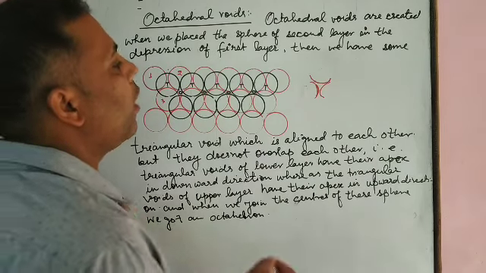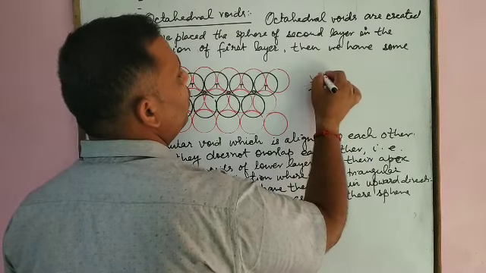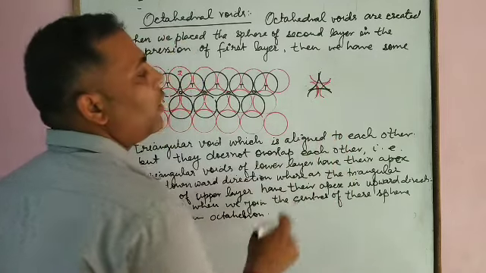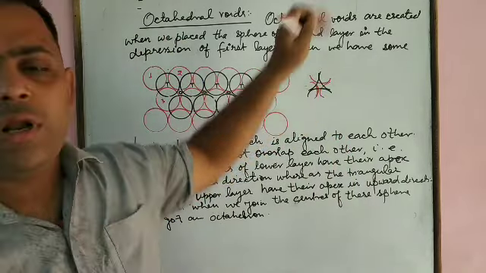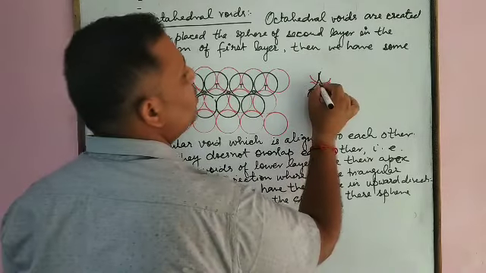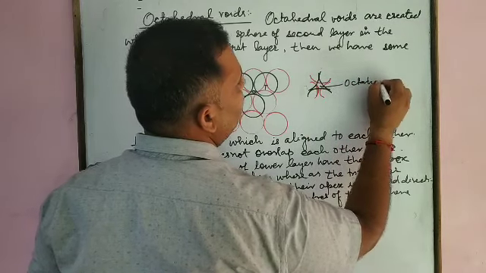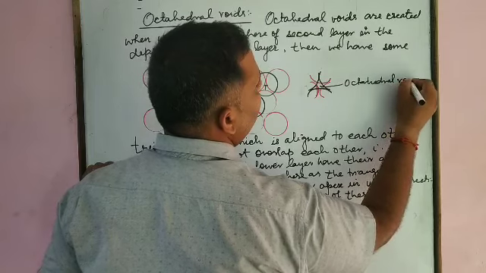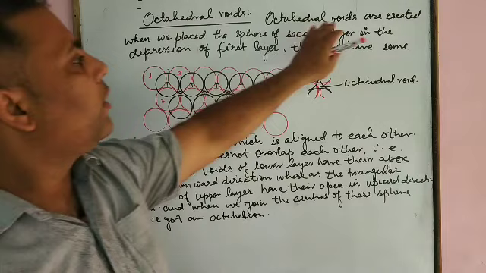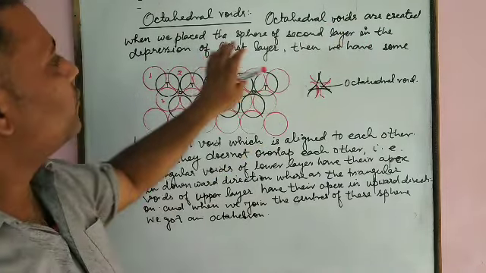Next, we have the triangular voids in the upper layer having their apex in the upward direction. This type of void is termed as an octahedral void. What I have written? Octahedral voids are created when we place the sphere of the second layer in the depression of the first layer.